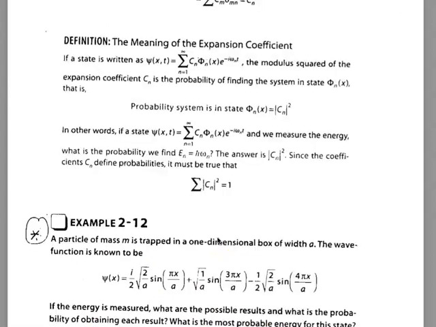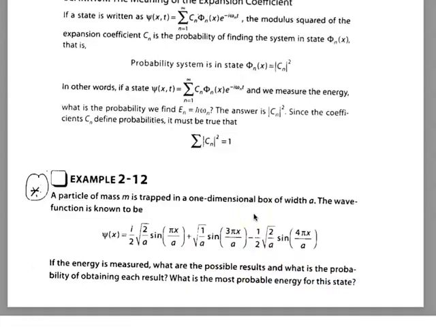Let me then take this example. A particle of mass m is trapped in this one-dimensional box, the infinite square well, of width a. And this is now a sum of 3 of the stationary states: n equals 1 here, n equals 3 here, n equals 4 there.